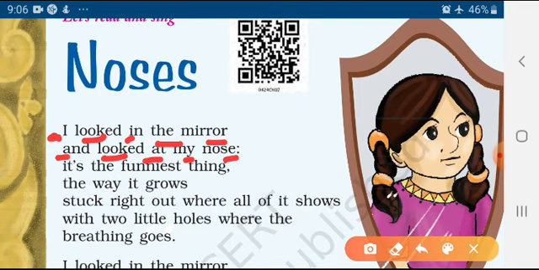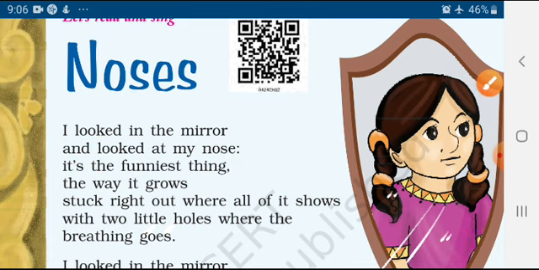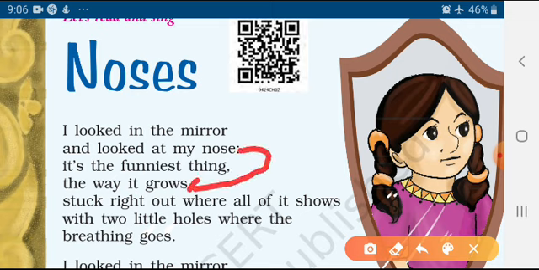It's the funniest thing, the way it grows. Here you have to mention there is a rhyme scheme, rhyming words we can say. For example, nose is matching with grows. Okay, that is the reason the poem becomes very interesting with the help of rhyming words.